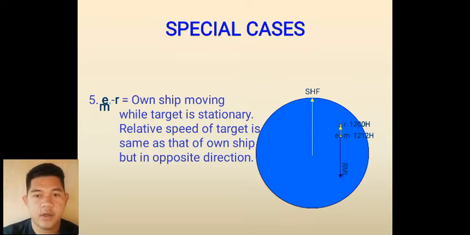Fifth, ERM: own ship is moving while target is stationary. Relative speed of target is the same as that of own ship but in the opposite direction.